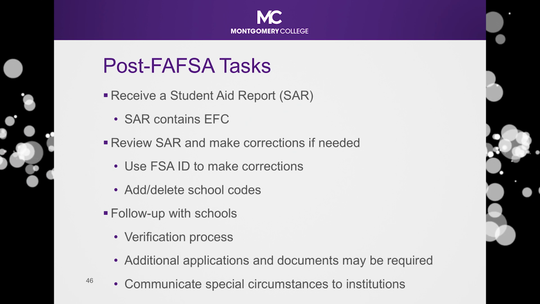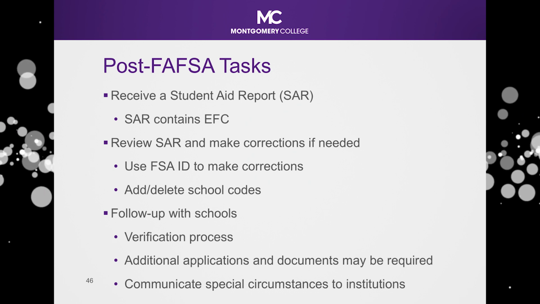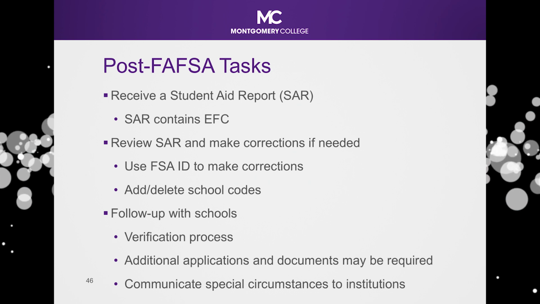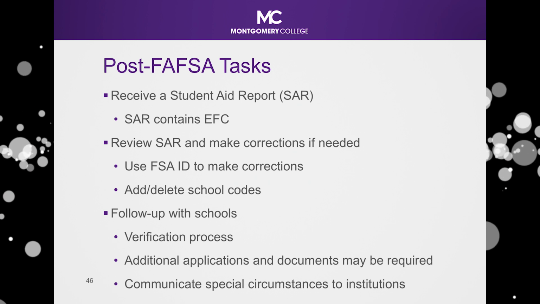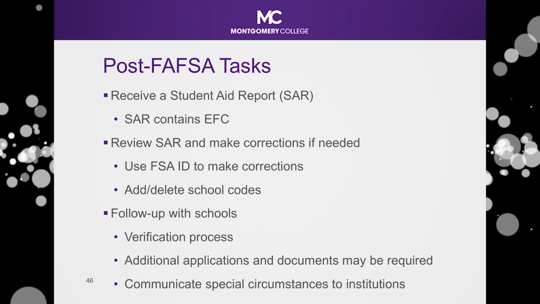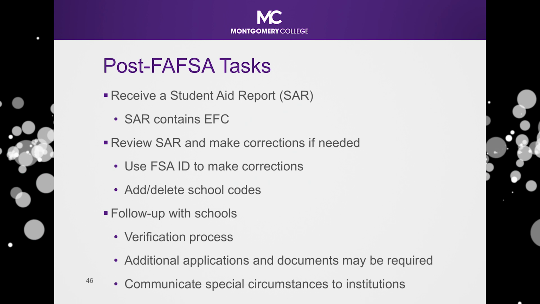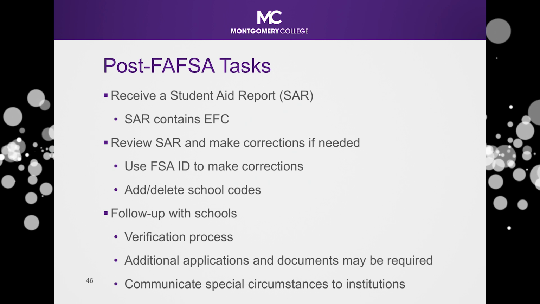Somebody has passed away. A job has got lost. Those are the kind of things that are special circumstances that may change your financial aid and your financial ability to pay. Those are the things you need to let schools know. There are forms that they will give you to fill out that will help you to flesh out what your new situation is, and then we can look at it and see if we can give you more aid.